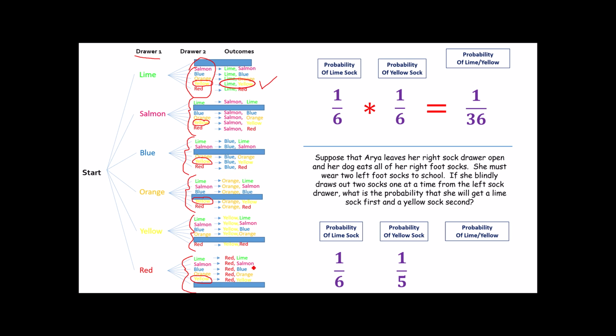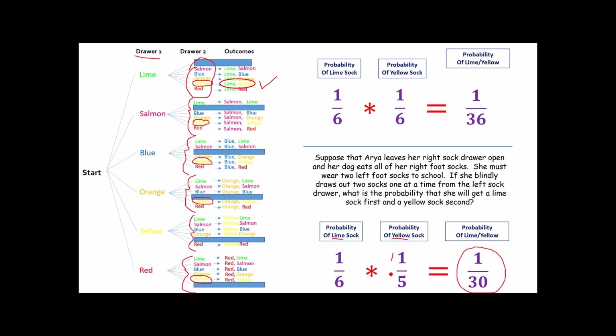Did I miss one? 5, 10, 15, 20, 25, 30. That's what I thought. It's 1 out of 30. I missed one of those as I was counting down. 1 out of 30. And notice that our multiplication counting principle still holds. If I take the probability of the lime sock and multiply it by the probability of the yellow sock, I get the probability of both socks.